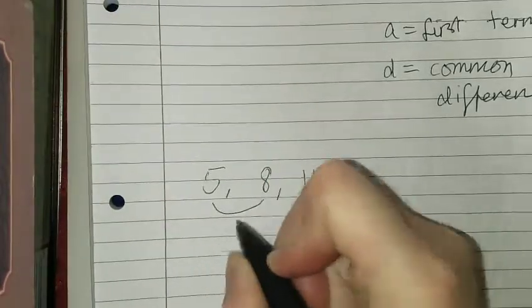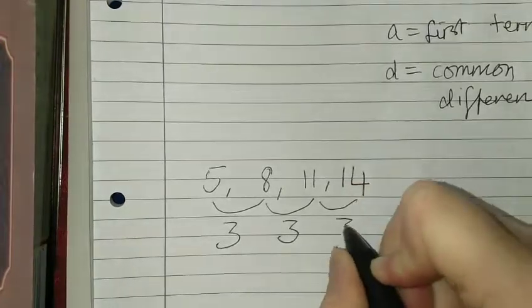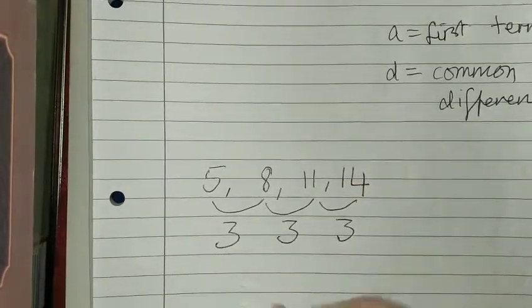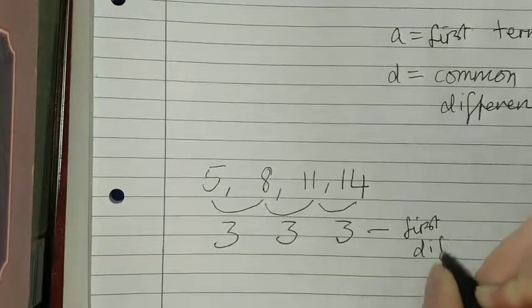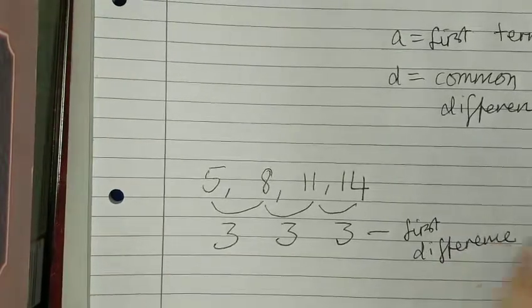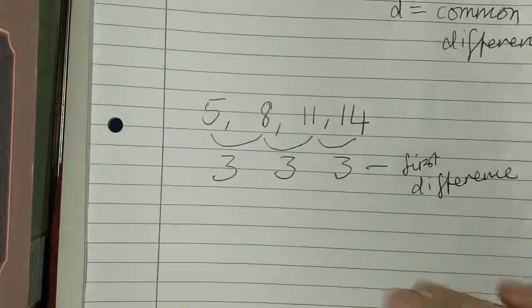From 5 to 8, there's a jump of 3, 8 to 11, there's a jump of 3, and here there's a jump of 3. The difference between the terms is called the first difference, and the first difference is the same here. So it's a constant first difference, and my constant first difference is 3.